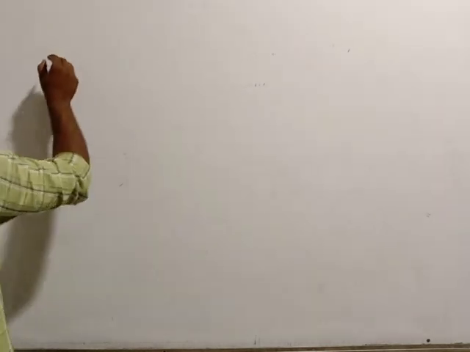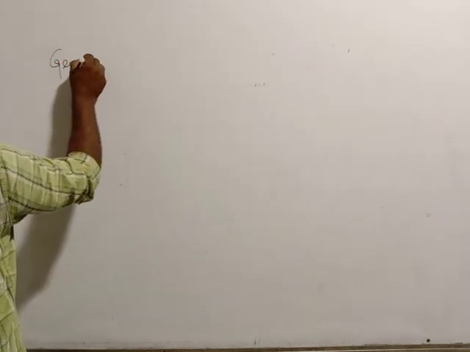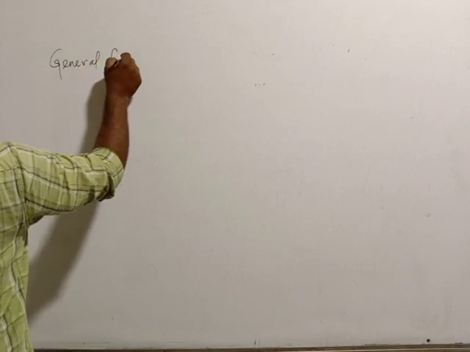So this is all about what is matrix and its order. Next is the general form of a matrix.